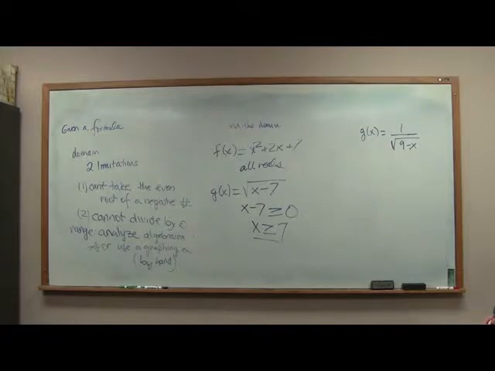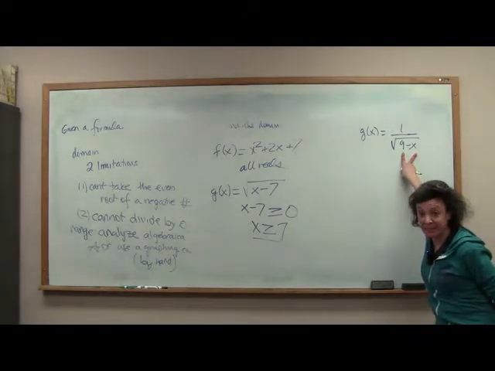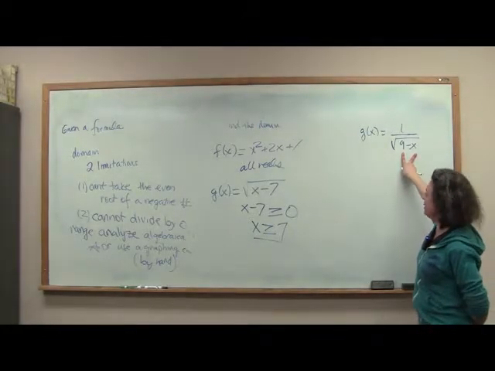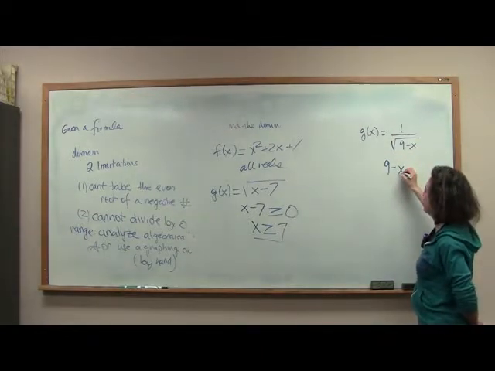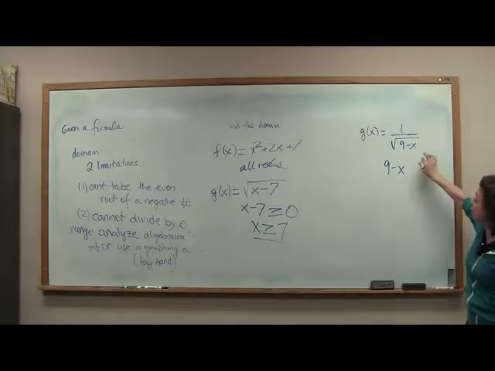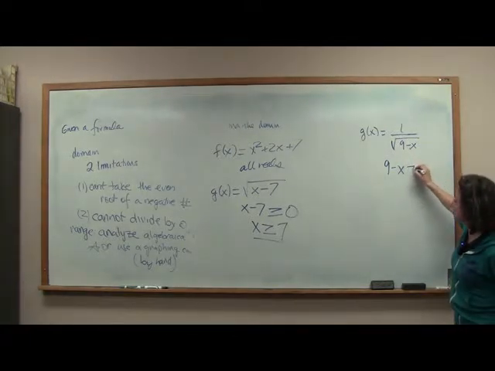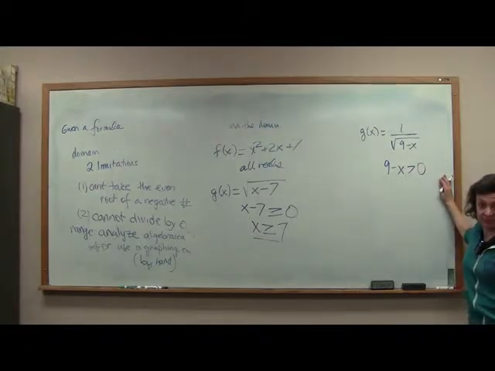All right, well, now we have to worry about both, okay? I need this thing under my radical to be positive. So initially, if this was just all alone, you would say that 9 minus x has got to be greater than or equal to 0. But not only does this have to be greater than 0, it can't be equal to 0.